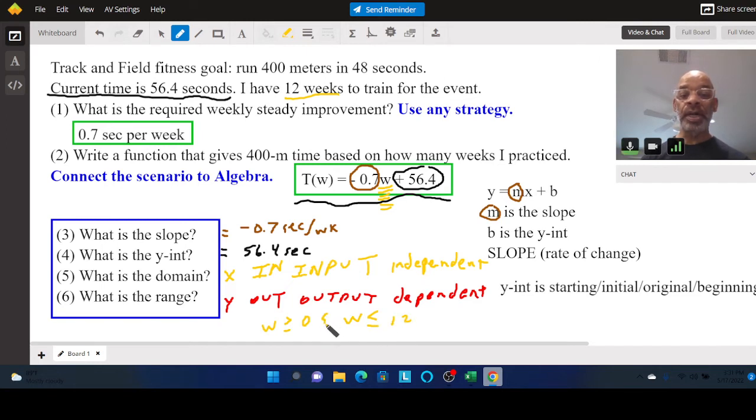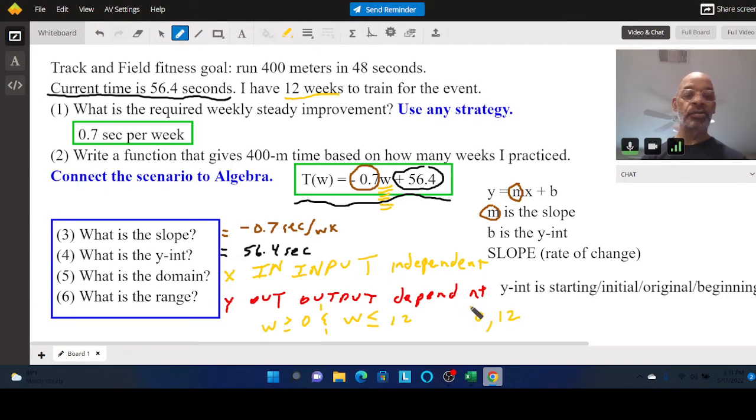So how do I unite W being greater than or equal to 0 but being less than or equal to 12? You can say 0 to 12. Since these are inclusive, you will see brackets. Let's make that parenthesis go away so there's no confusion.